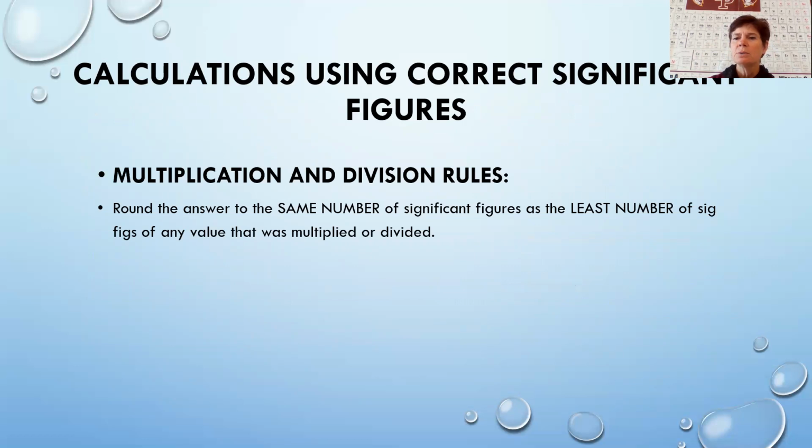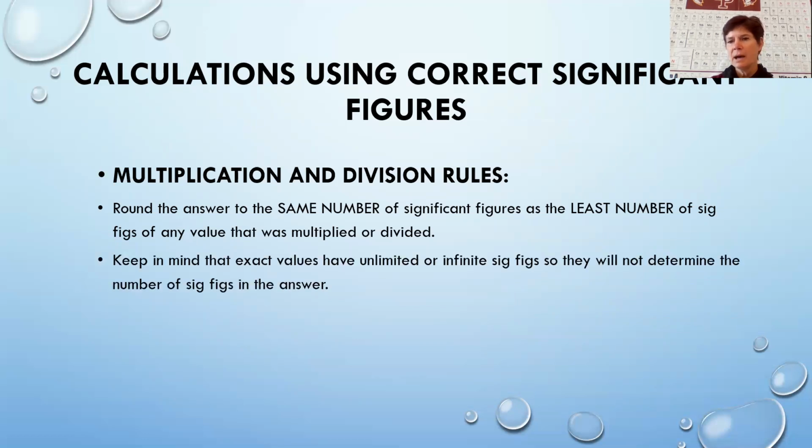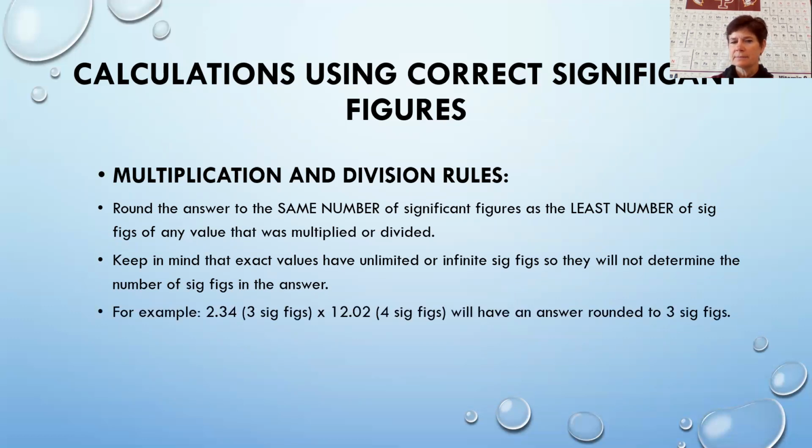So what we're going to do when we find a calculated answer is round the answer to the same number of significant digits or figures as the least number of sig figs in any value that was multiplied or divided. Keep in mind that exact values have unlimited or infinite sig figs, so they will not determine the number of sig figs in an answer.